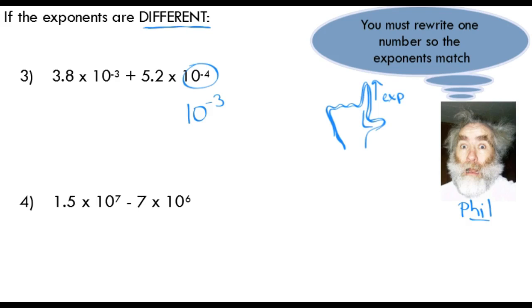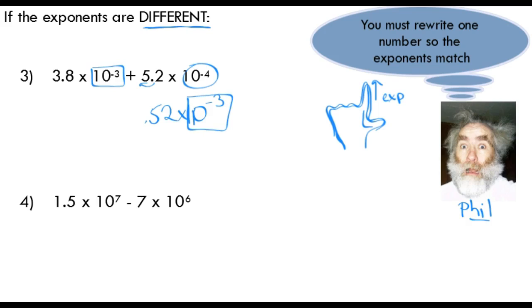Before, we were saying if the decimal goes left, the exponent goes up. But now I'm changing the exponent first. So when I rewrite my coefficient, instead of 5.2, I want to move it to the left one to match my exponent going up one. So this is 0.52 times 10 to the negative 3. So we're purposefully rewriting the number so that it's not in proper scientific notation, but so that it matches the other one.